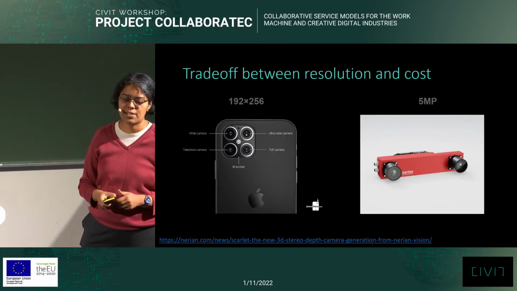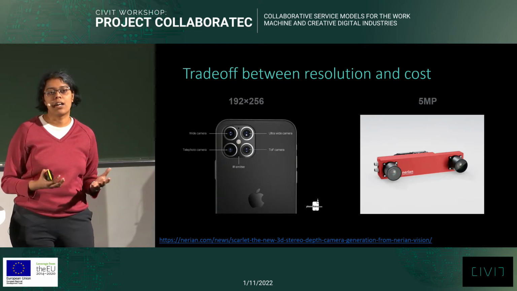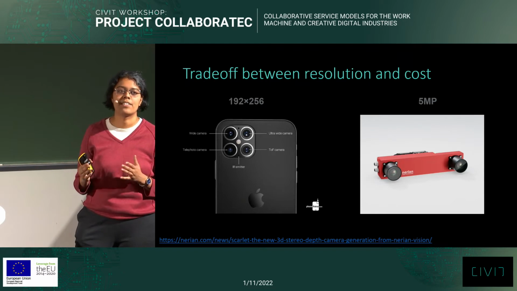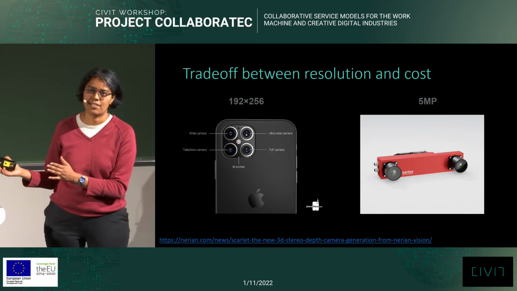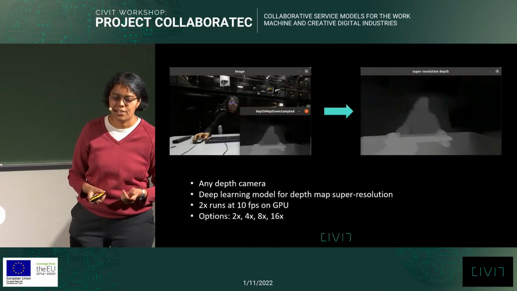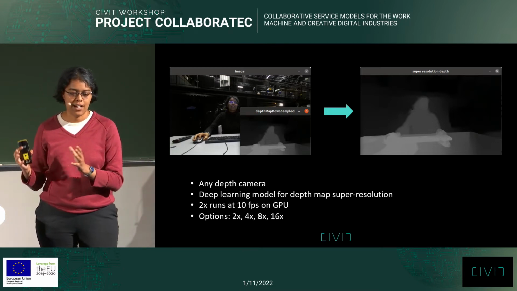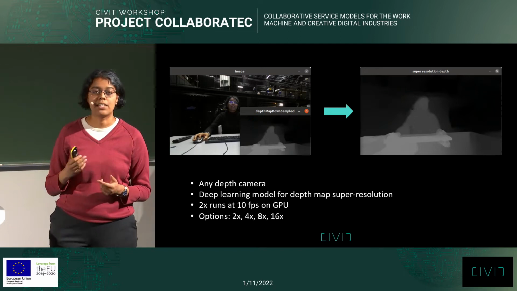One of the reasons why we need depth map super resolution is that the depth map that comes from commonly used cameras is very small in comparison to expensive high resolution depth sensors. So we need to come up with a solution to handle this problem. What we've done is use a depth map super resolution algorithm, which works on any depth camera and is based on deep learning.